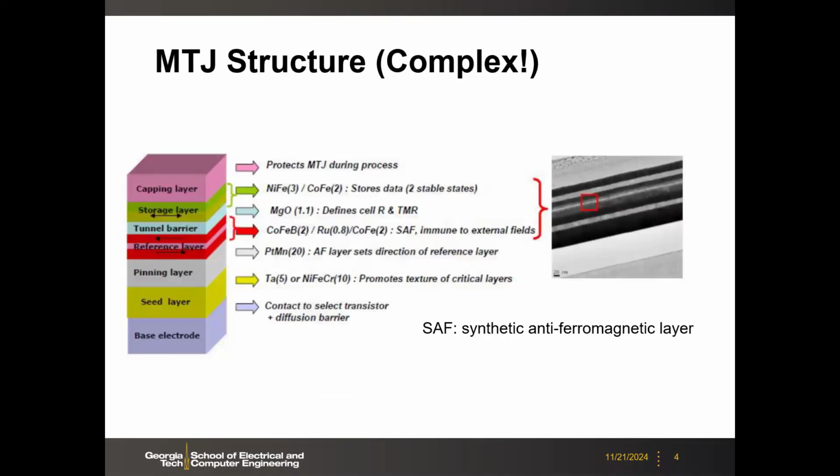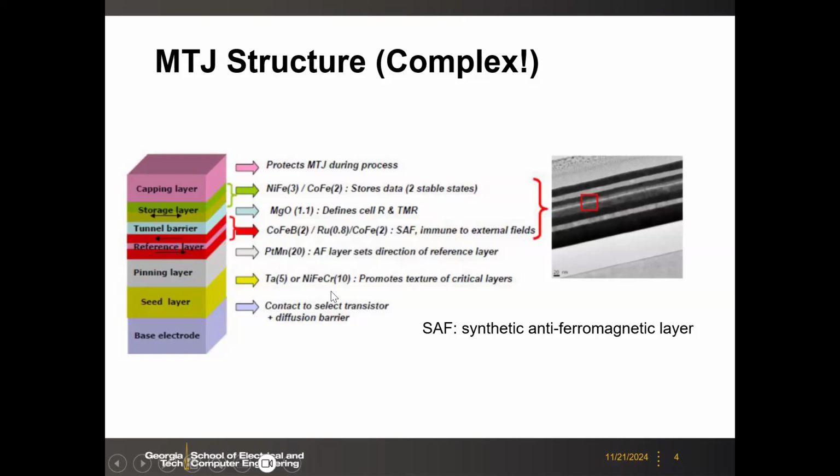Here, actually, the real structure is pretty complex. It's more than what we just showed in the very beginning, which is the principle. In the real structure, especially the bottom layers, there are many components to stabilize the pinned layer. This pinning layer needs to be fixed.